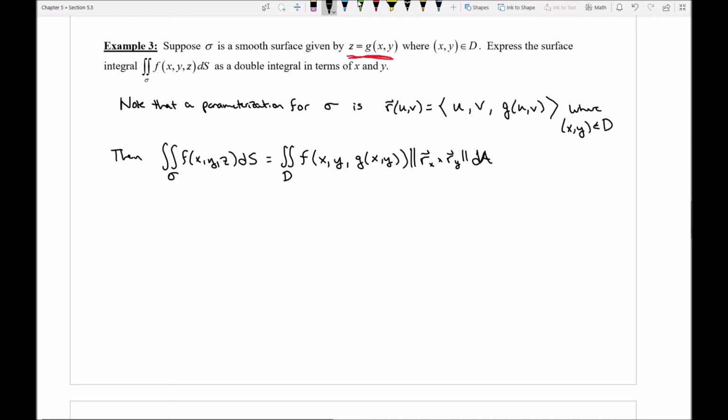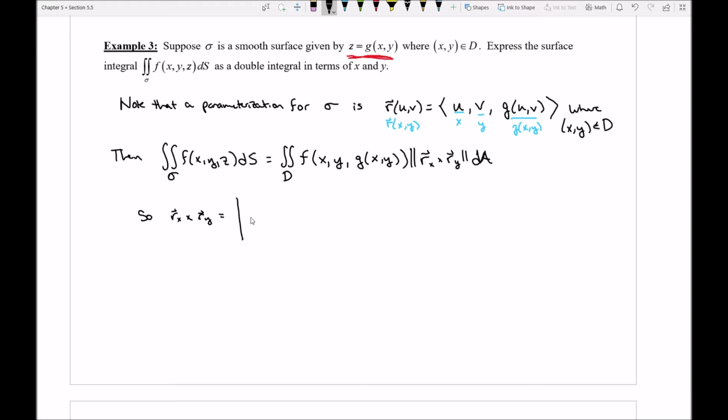Again, if I imagine that up here my u is playing the role of x, this is playing the role of y, and over here I really just have g of x, y, then it's really easy to see that I could imagine this instead as an r of x comma y, just like changing up the variables and what they're called. And so I could easily see that if I wanted to compute my r_x cross my r_y, that could be easily done.